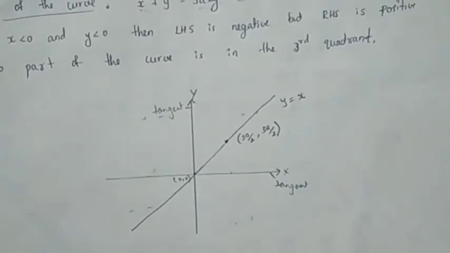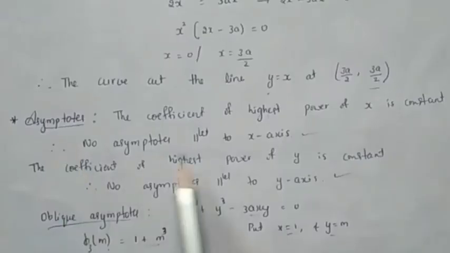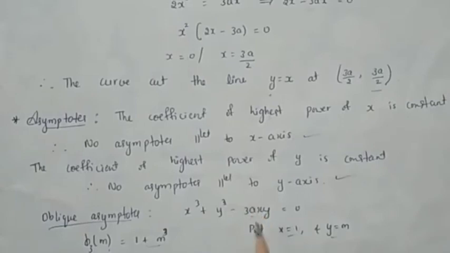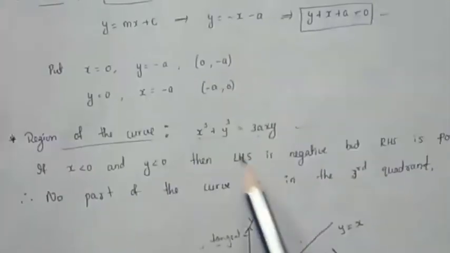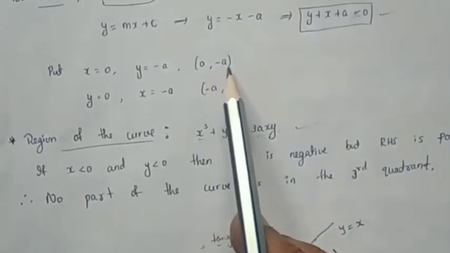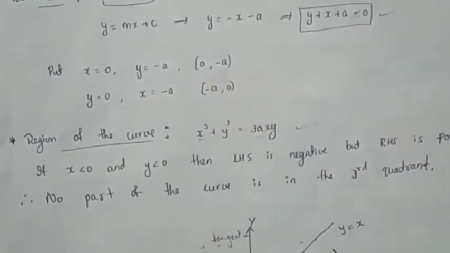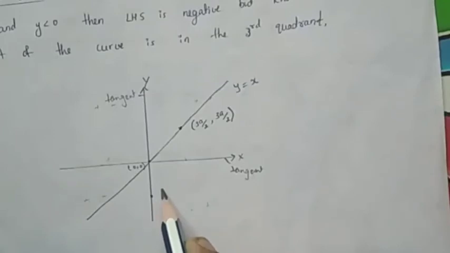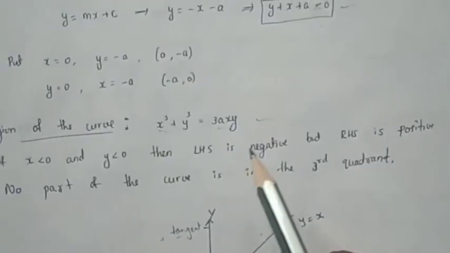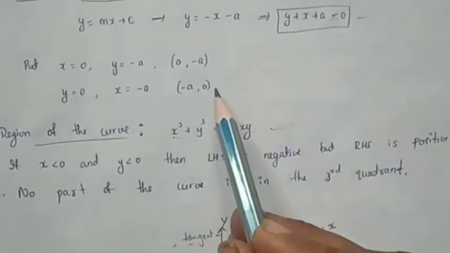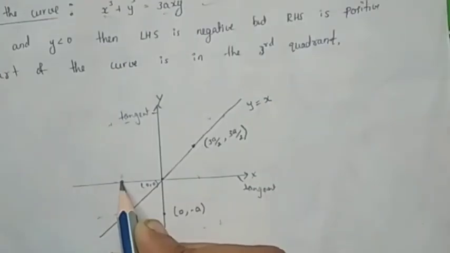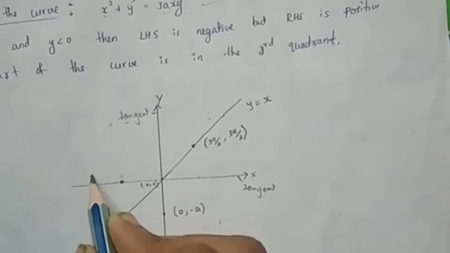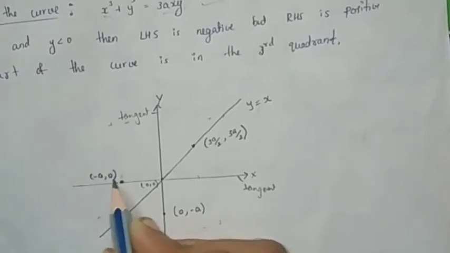The next point is asymptotes. There are no asymptotes parallel to the coordinate axes. For the oblique asymptote, the points are (0, -a) and (-a, 0). This point is (0, -a), and the other point is (-a, 0).